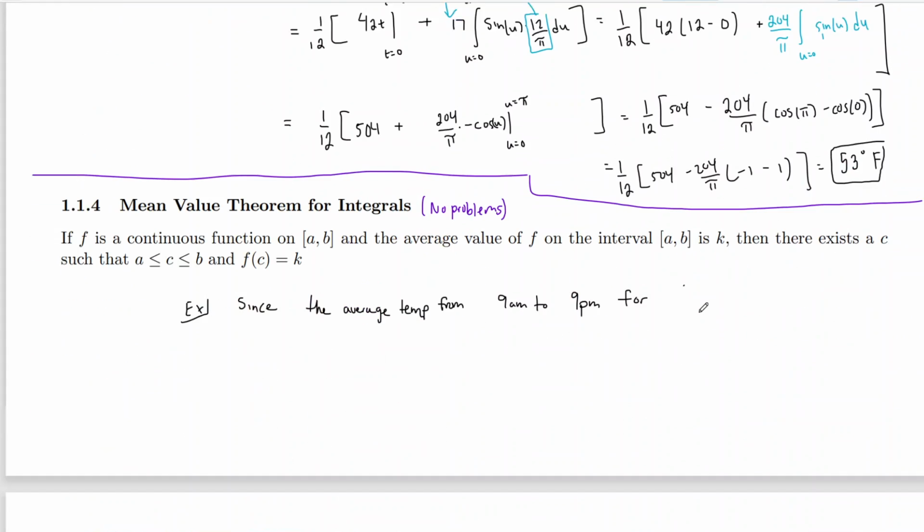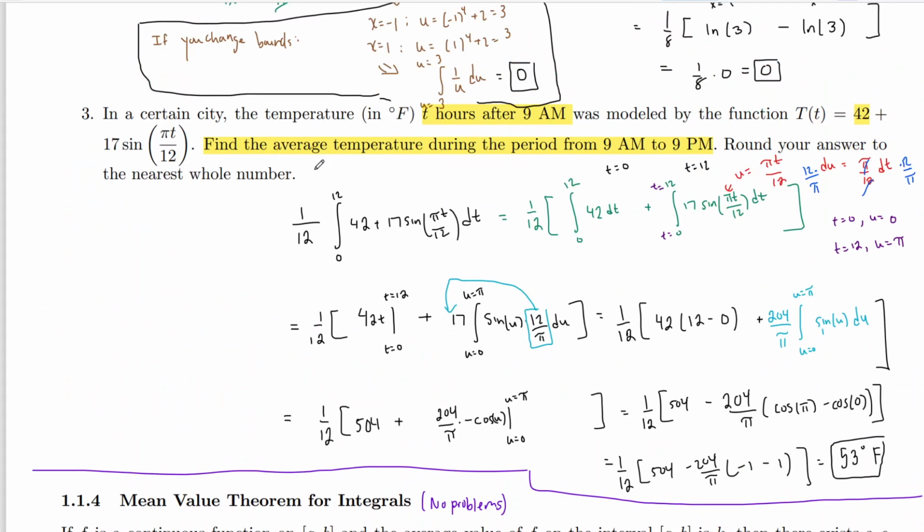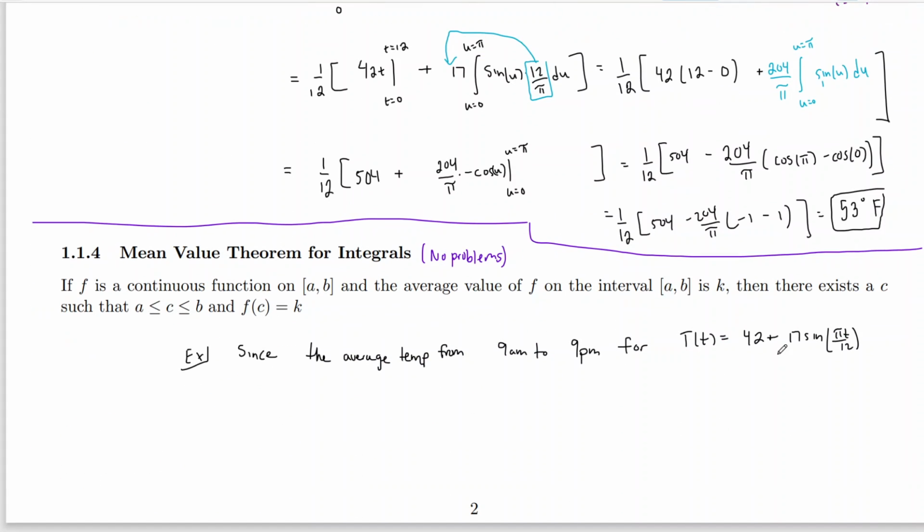It was T of t, capital T of t, which equals 42 plus 17 sine of pi t over 12. So that was our temperature function. And the average temperature from 9 a.m. to 9 p.m. for this function is 53 degrees Fahrenheit.